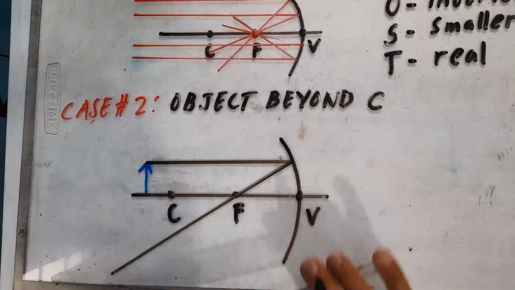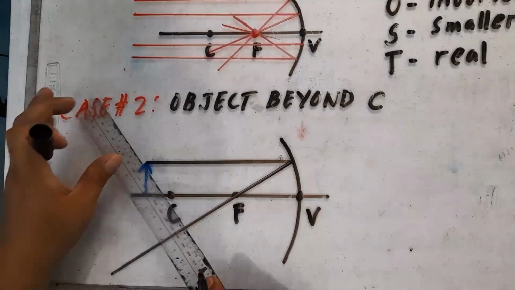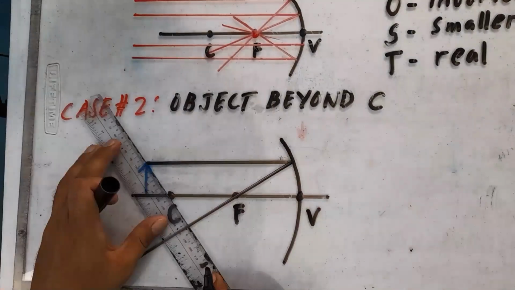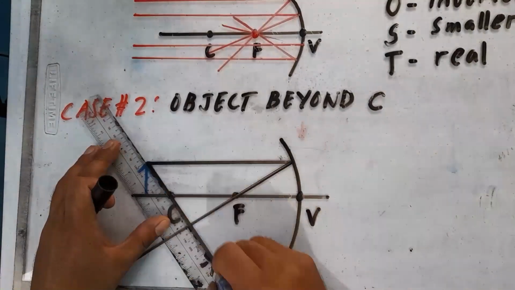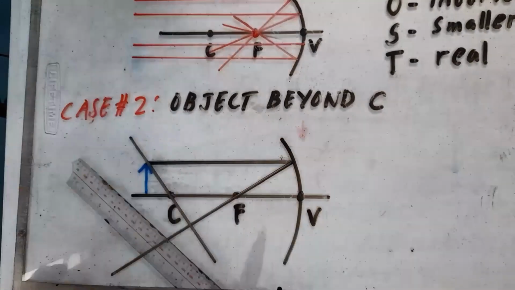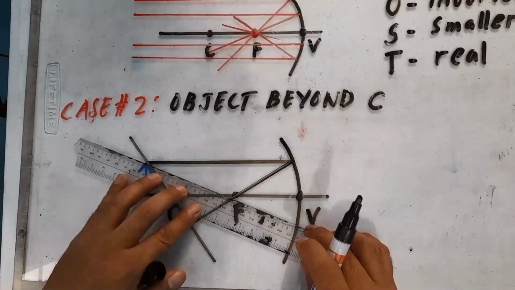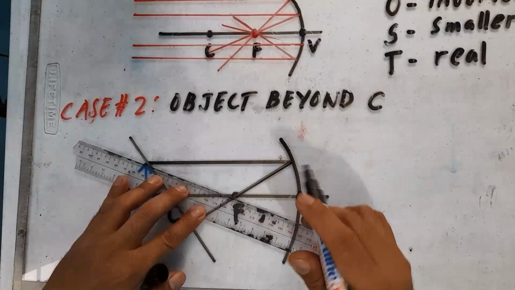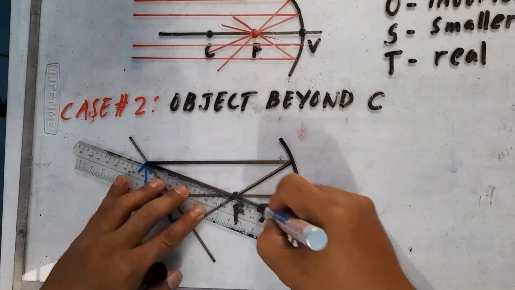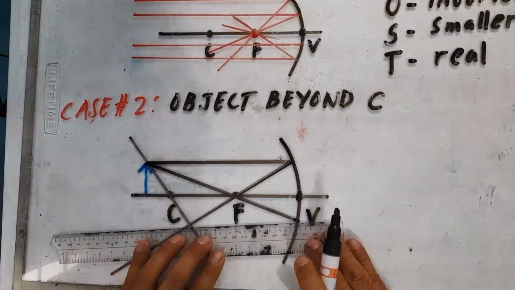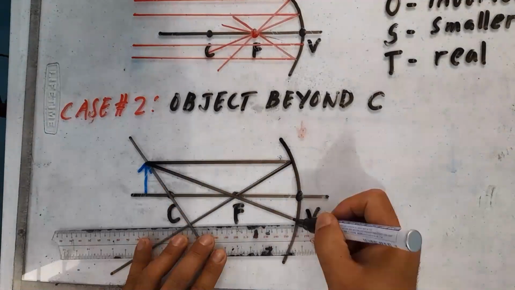Next, a ray passing through the center of the curvature and reflected in the same direction. Next, a ray passing through the principal focus and reflected parallel to the principal axis.